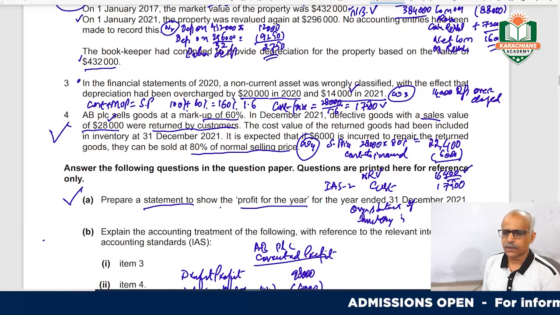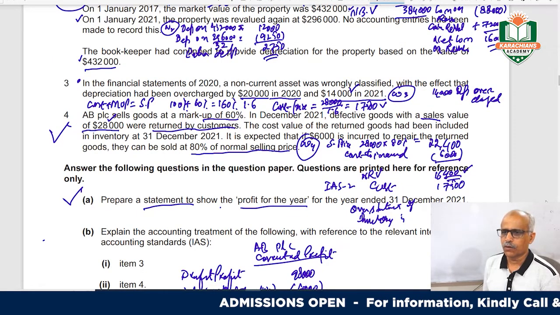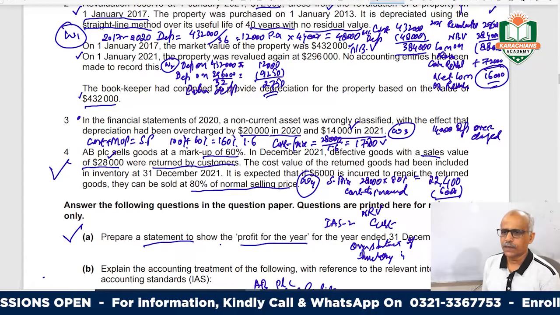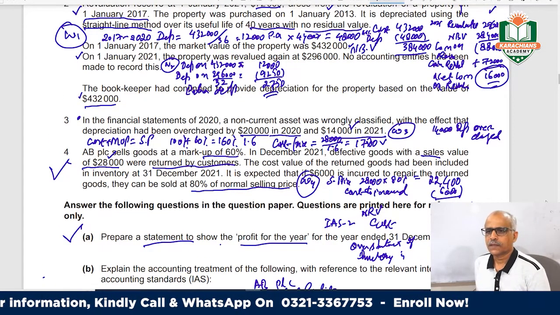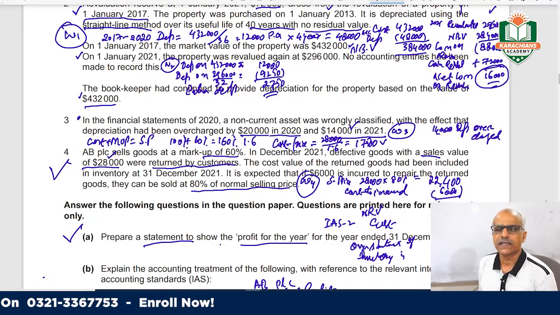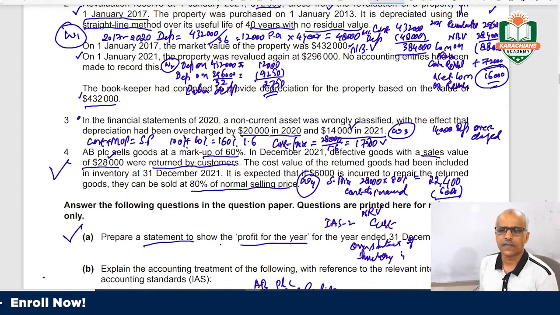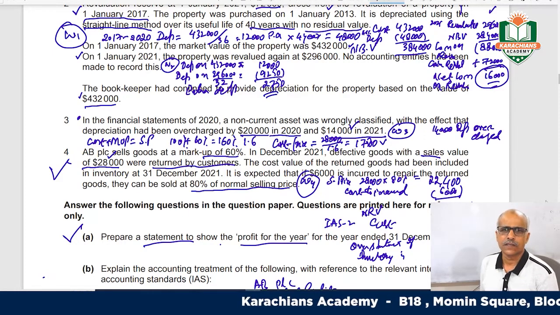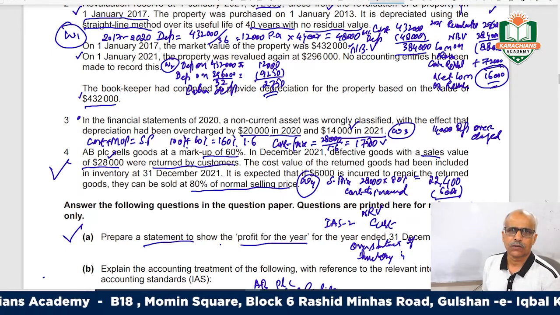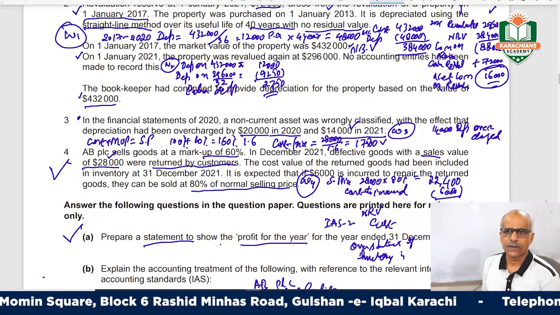You remember the revaluation loss, this one? Actually the loss on revaluation was 88,000, and there was a gain in the reserve of 72,000 on the last revaluation. We have adjusted that. Then the net loss is 16,000. That will also be taken to the adjusted profit and loss.